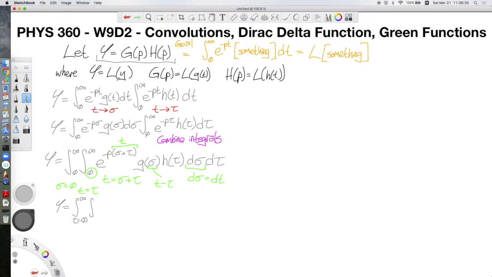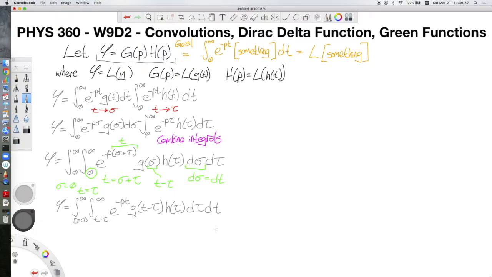And then the second integral goes from t equals tau up to t equals infinity of e to the minus pt times g of t minus tau times h of tau, d tau dt.